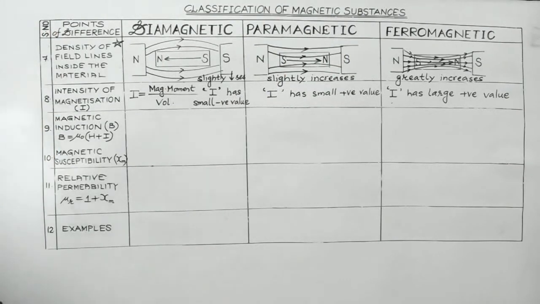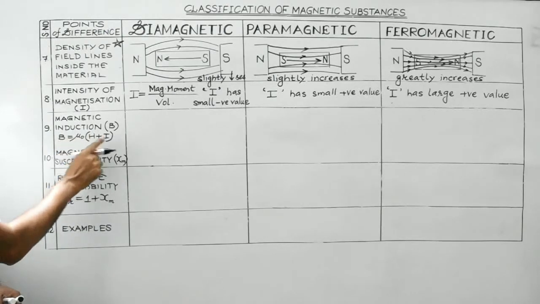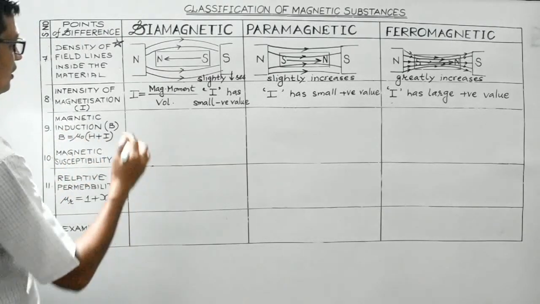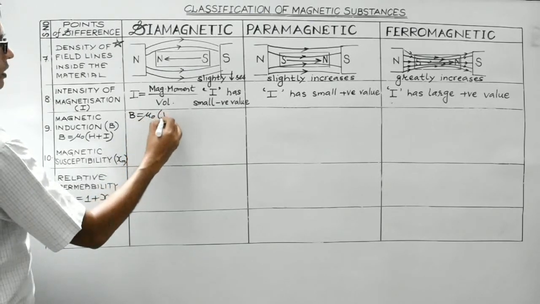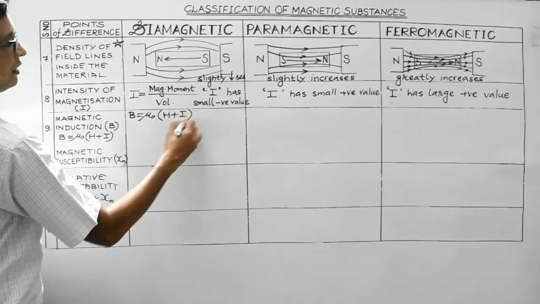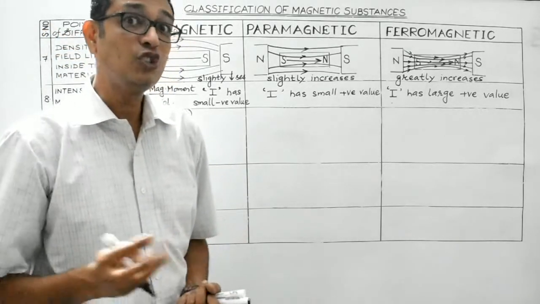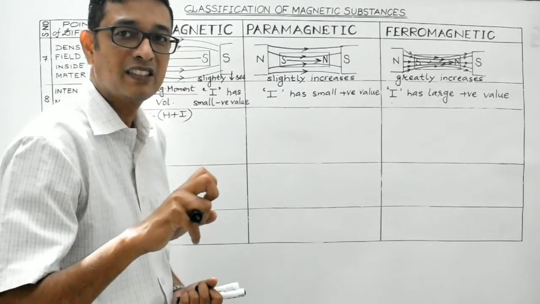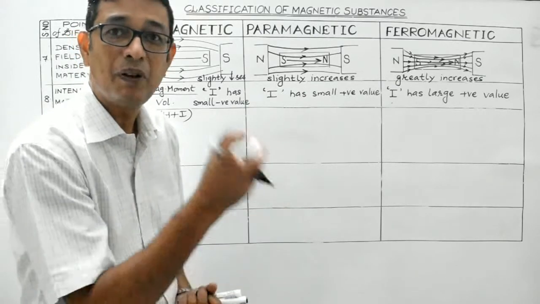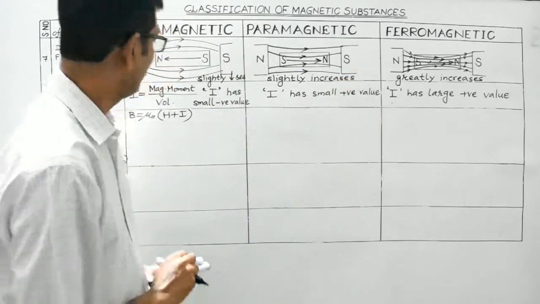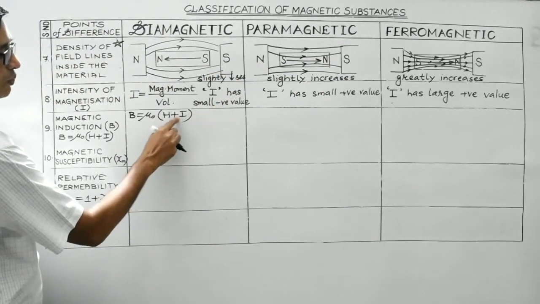Okay, next one is magnetic induction, which is B equals mu naught H plus I. This is the formula, students. Now look, magnetic induction, as you remember, is the total number of magnetic field lines inside the material per unit area passing normally through it, right? So in this case, I has got small negative value.